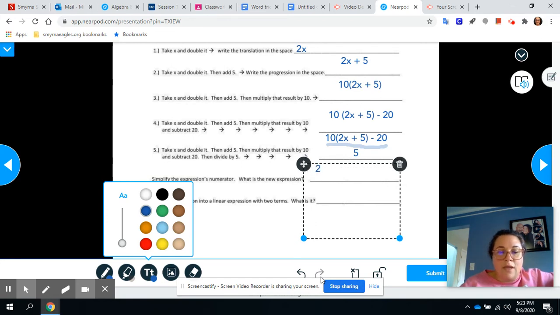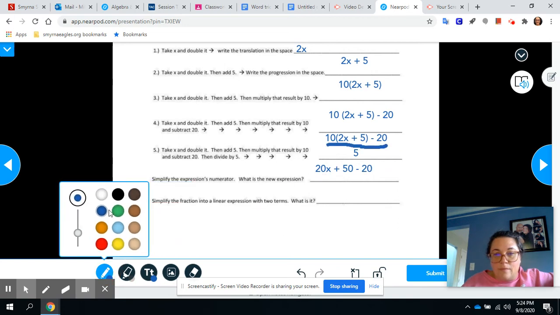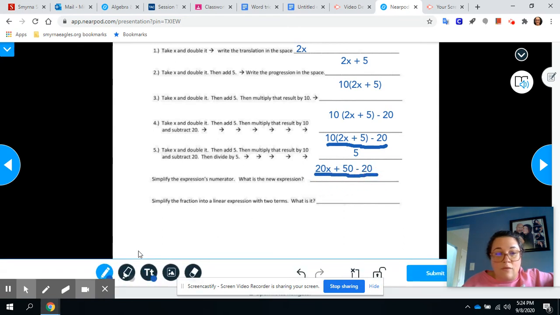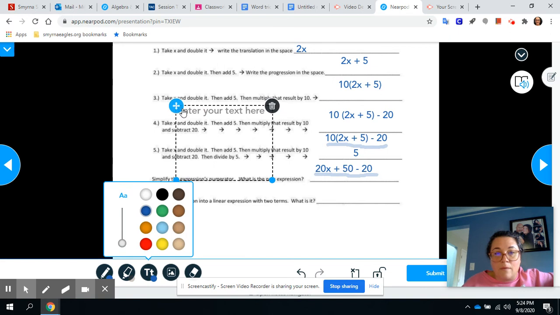So we should have 20x plus 50 minus 20. And all of that is going to be over 5. This is funny. There's probably an easier way to do this, but I don't know how at the moment.